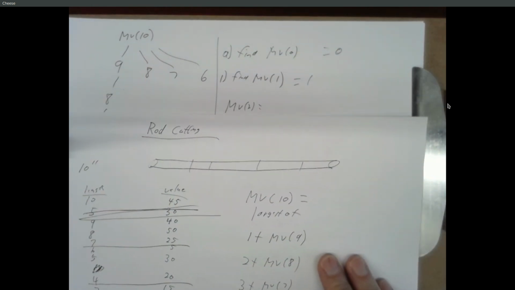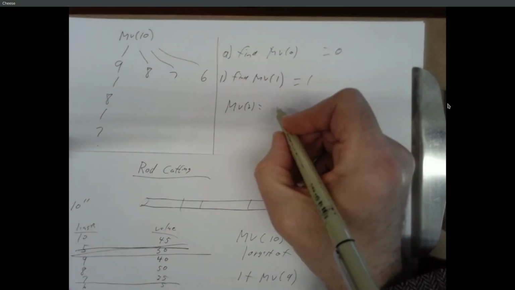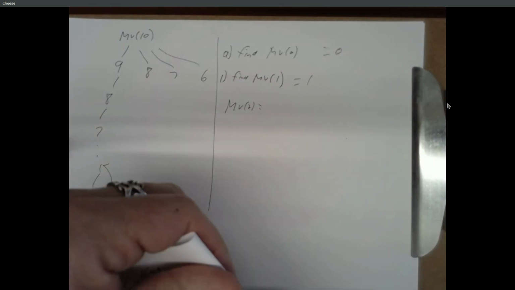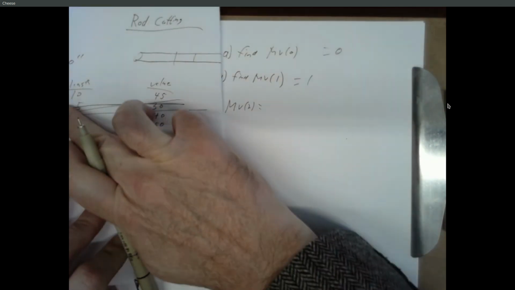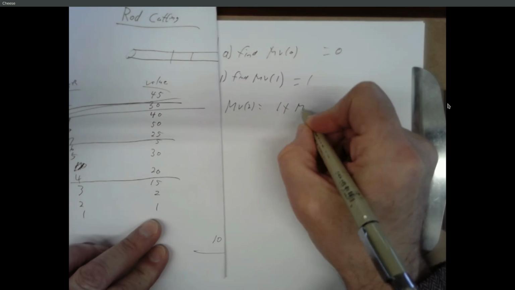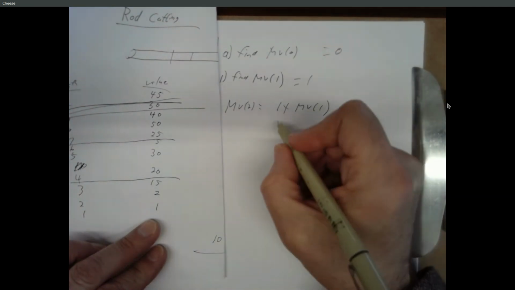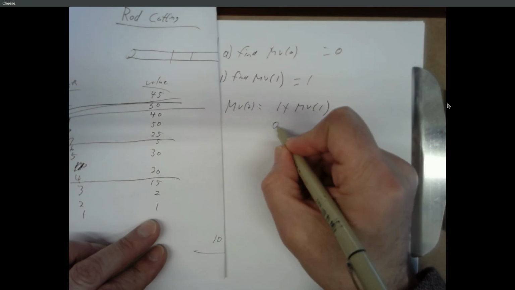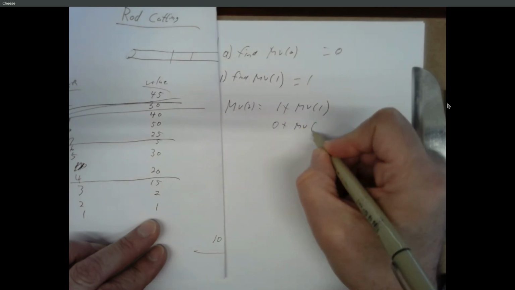All right, so if we have 2 inches, we've got the following possibilities. We can cut off 1 inch and then find the max val of the remaining inch. We can cut off 0 inches and find the max val of 2 inches.